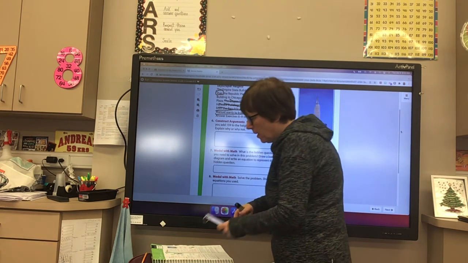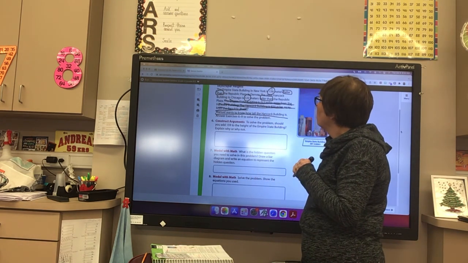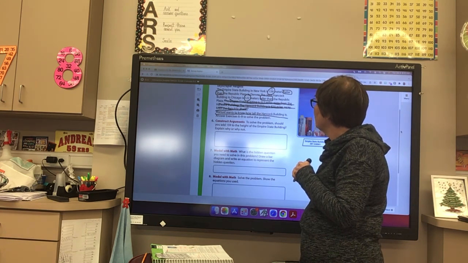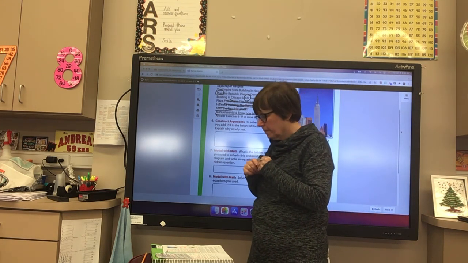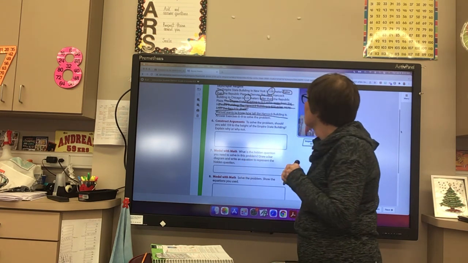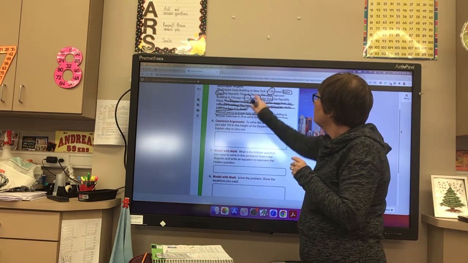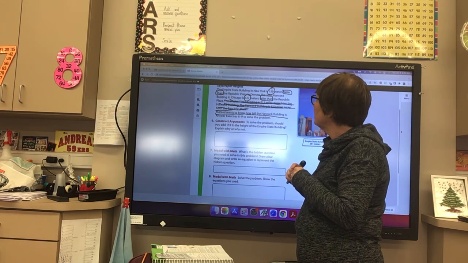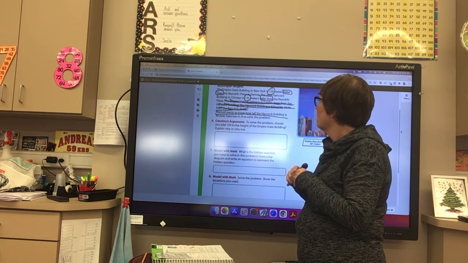So, our first problem here says, to solve the problem, should you add 159 to the height of the Empire State Building? Explain why or why not. What do you think? Should we add that? So let's read our information again. The Empire State Building in New York is 159 meters taller than the Republic Plaza in Denver.